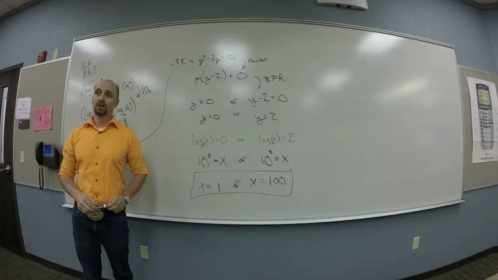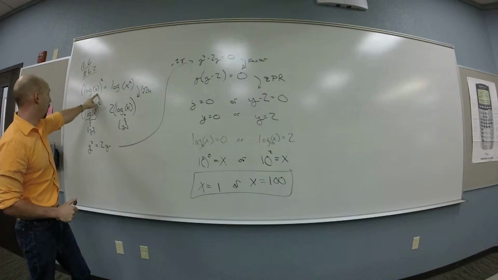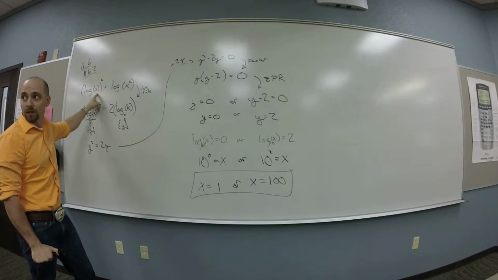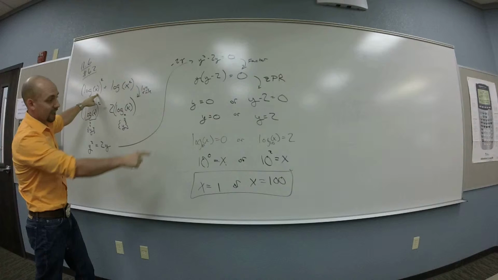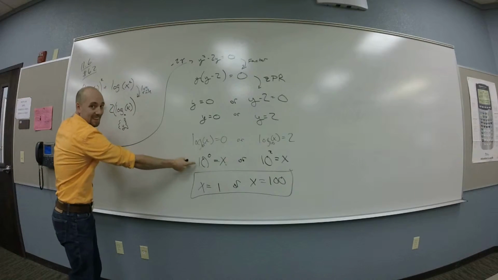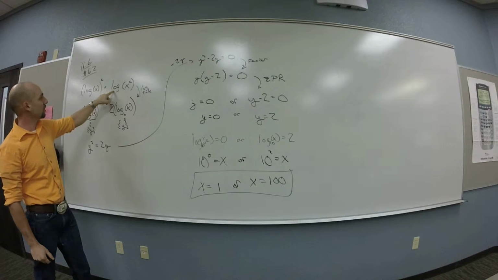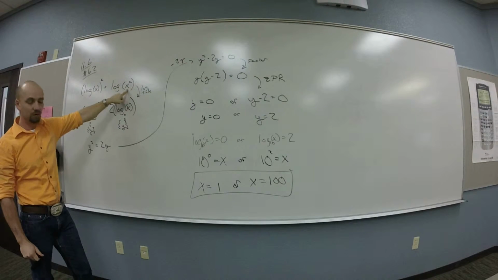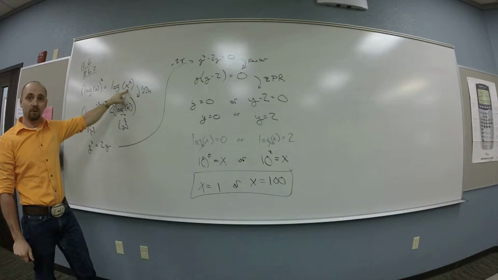If I plug 1 in, I get log of 1, that's 0, right? We just did that. So I get 0 squared is log of 1 squared.